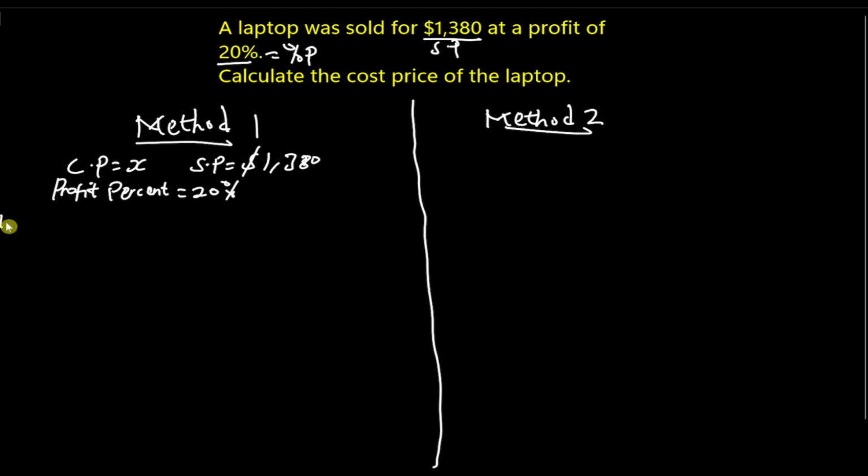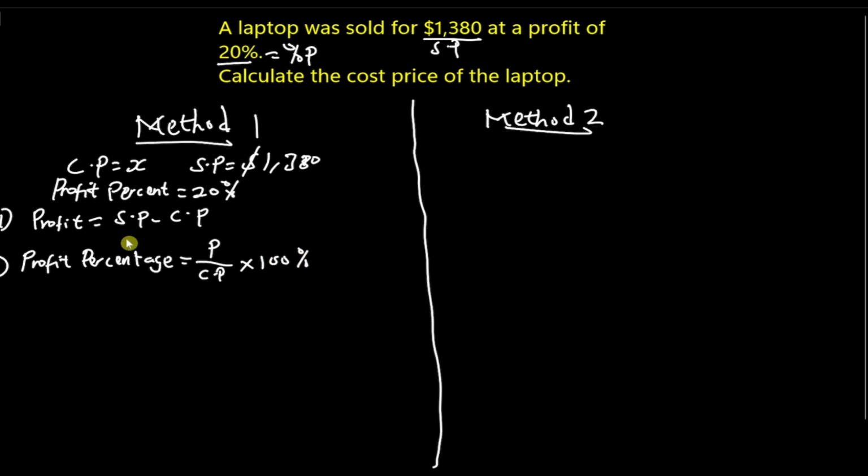The first formula we have to know is that profit equals the selling price minus the cost price, and the second one is the profit percentage equals the profit over the cost price times 100%.